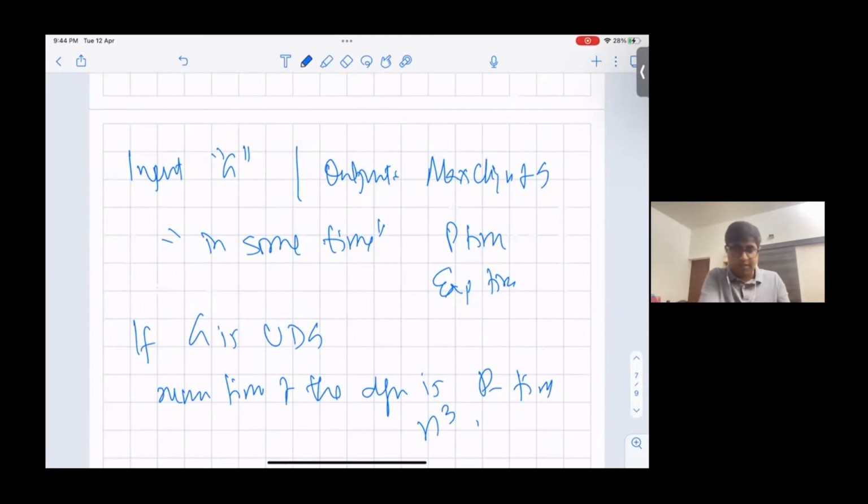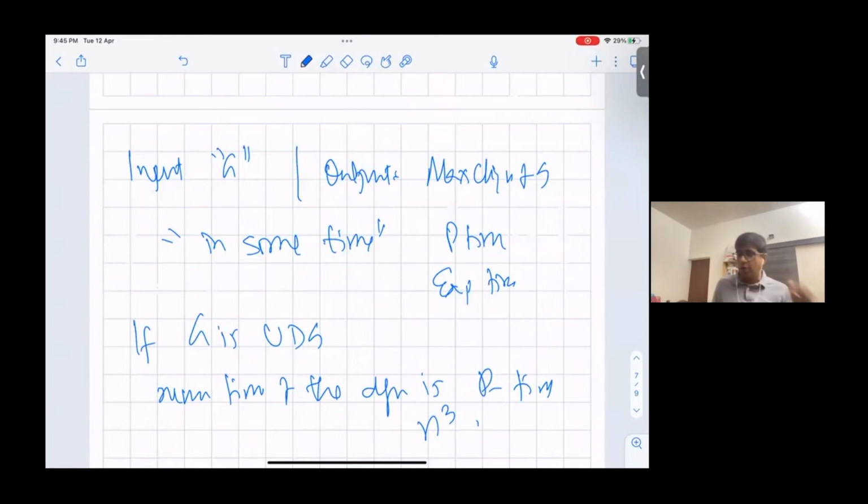If it succeeds up until then, I'm happy because I got a maximum clique. If it goes beyond n cube, I can just terminate this algorithm and say, hey, your graph is not unit disk. You understand my point? I can prove the property that if G is a unit disk graph, then the running time of this algorithm is at most n cube.